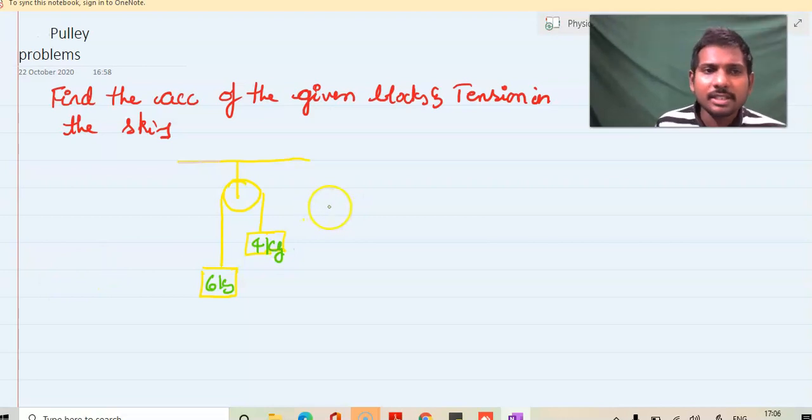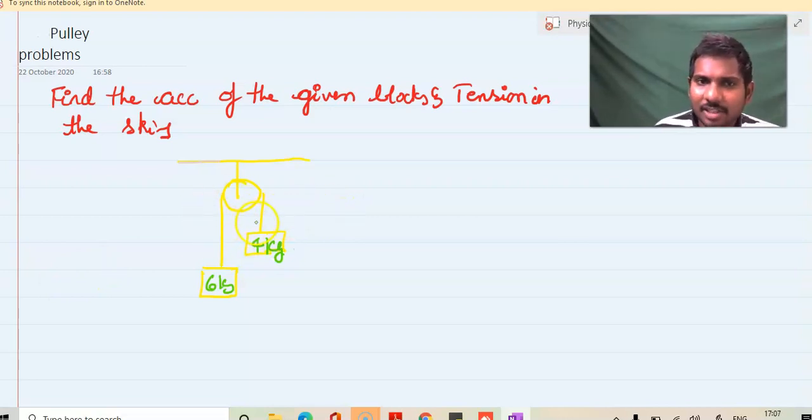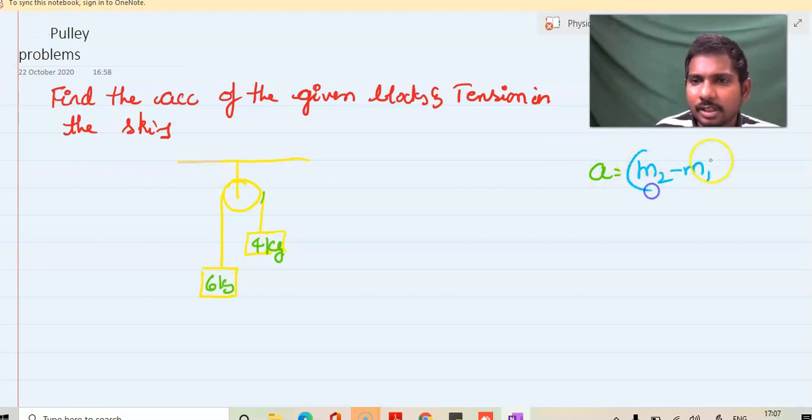What is the question? What is the acceleration of these blocks and also the tension in the string? To solve this, we have already solved the basic Atwood's machine, which gives acceleration a = (m2 minus m1)g by (m1 plus m2).